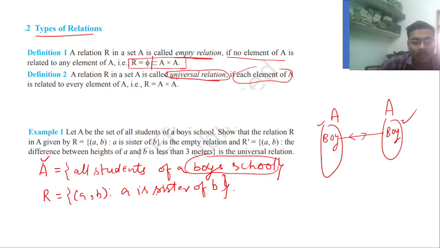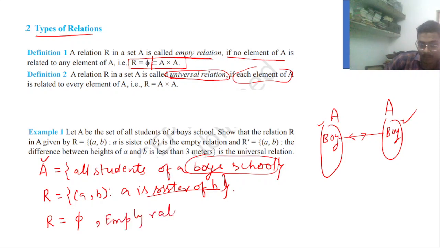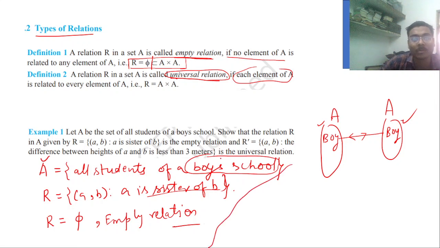You will find that none of the boys has a sister among the others from the same school. So you will get here the empty set, or the empty relation. None of the boys will be the sister of another boy. So this is the solution for part A.